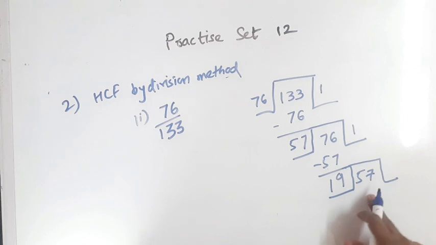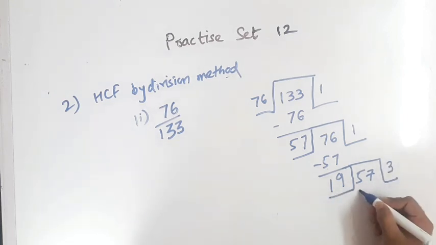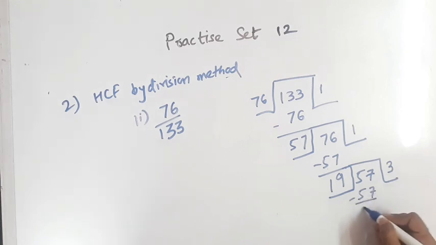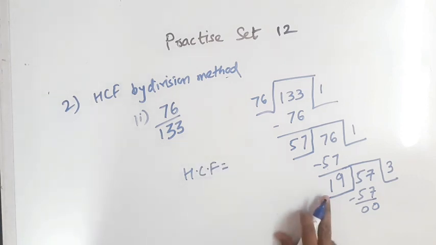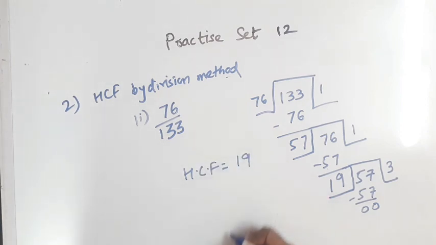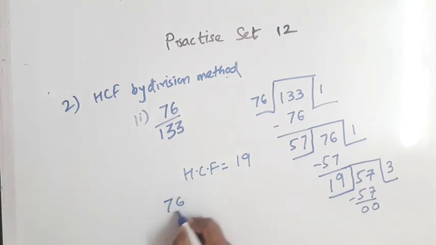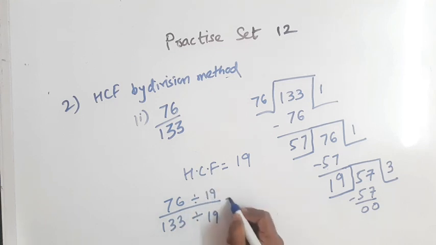You have to bring this down. Now you know the table of 19. 19 3 times is 57. So you got 0 as remainder here. So you got the HCF. What is the HCF? The previous divisor. HCF is 19. And to convert this to the lowest form, we have to divide it by HCF.